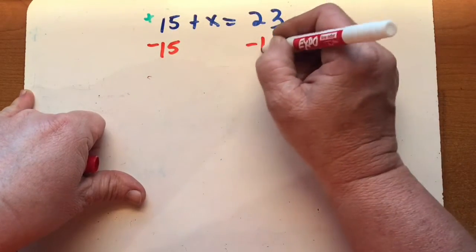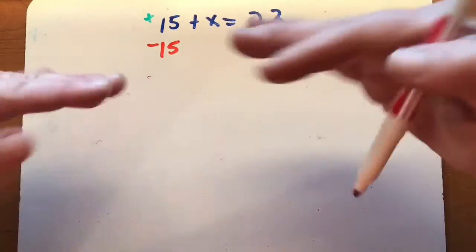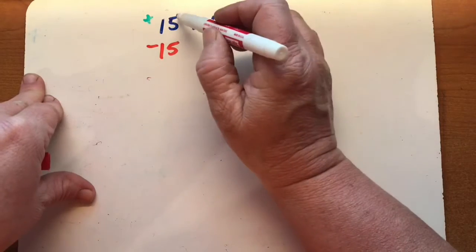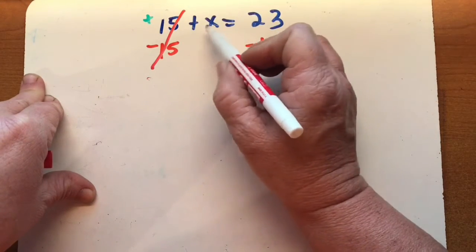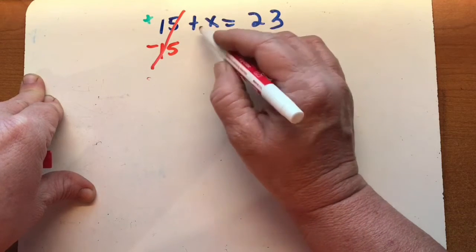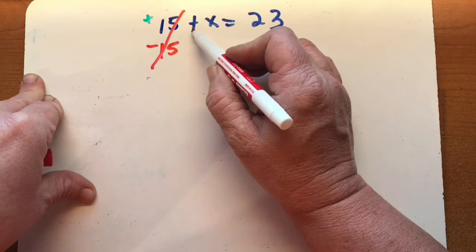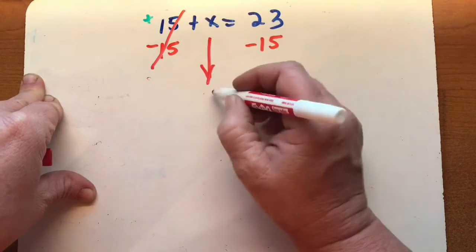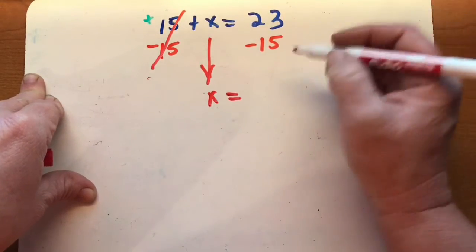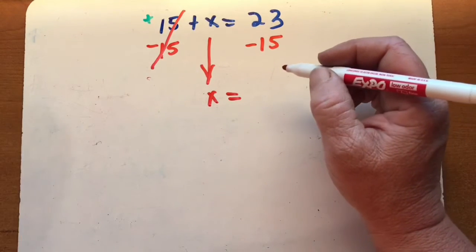I have to do the same thing to the other side of the equal sign to keep things level. Okay, this goes away and everything here drops down. Okay, so this is now saying this is a positive x, so I don't have to worry about signs or anything. I just drop that x down. I do this math. I can't remember what this is. What is that? 8.